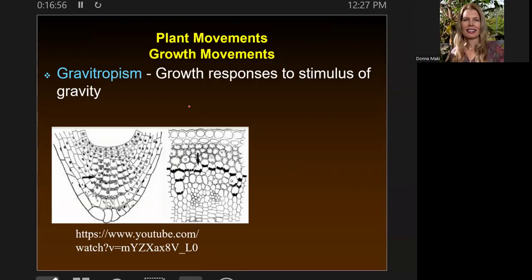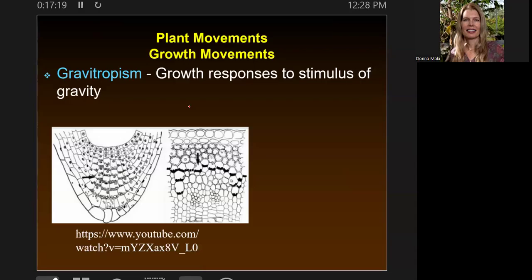Interesting debates in the literature on this, but basically what they're saying currently is that, so this is the root tip area, and all these little spherical blobs in these cells, those are amyloplasts. So you looked at that in lab, right?